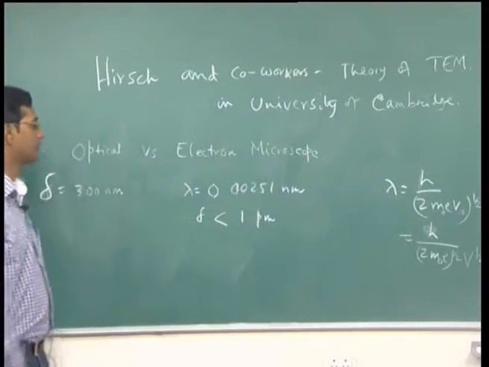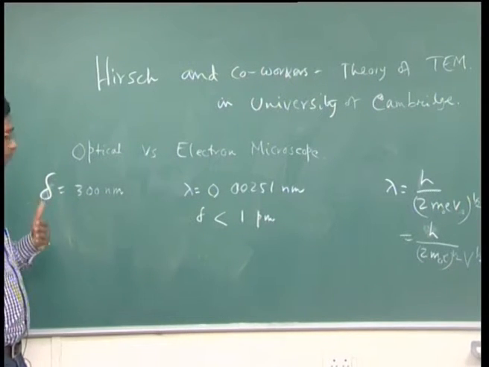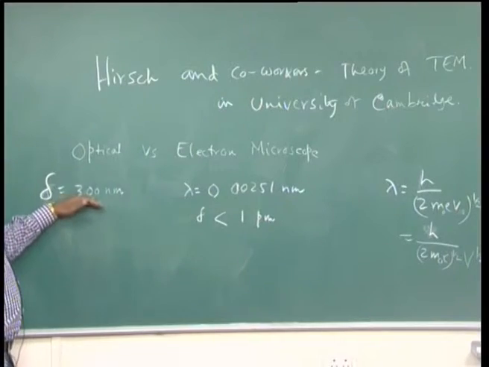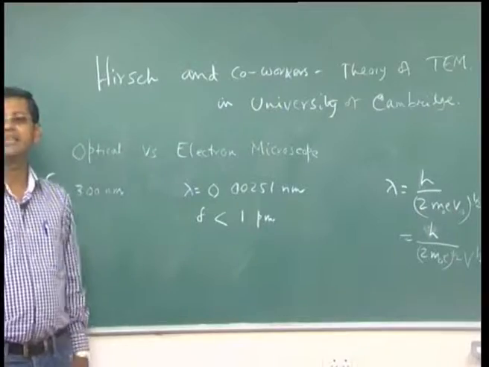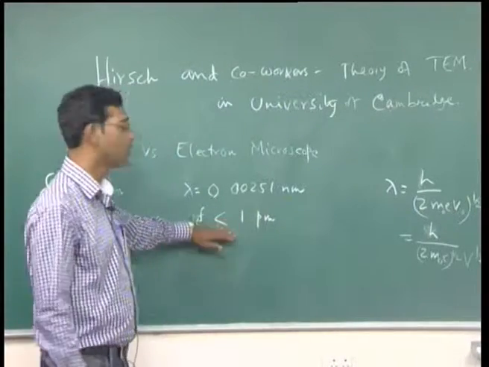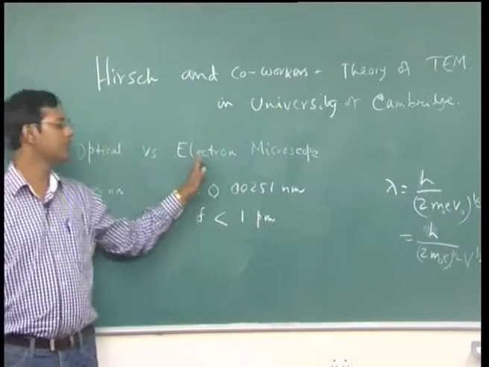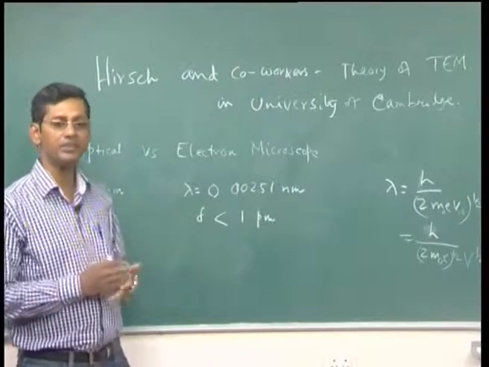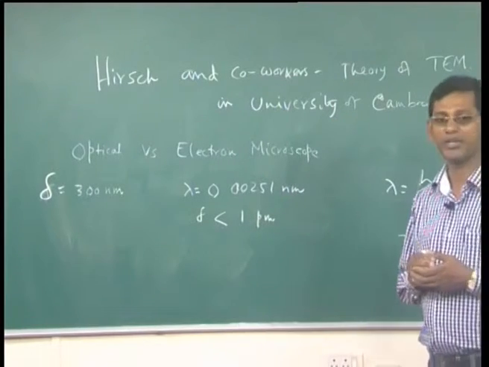So, therefore, one can clearly see that it is theoretically possible to reach a resolution from 300 nanometers in optical microscopes to less than a picometer in an electron microscope, but normally we do not achieve this resolution because of the problem in the lens. So, if we consider optical versus electron microscope, the transmission electron microscope, there is a huge benefit in terms of the resolution or resolving power of the microscope.